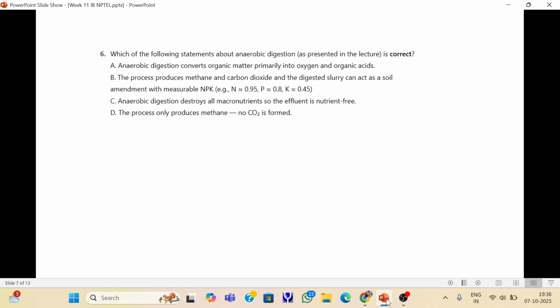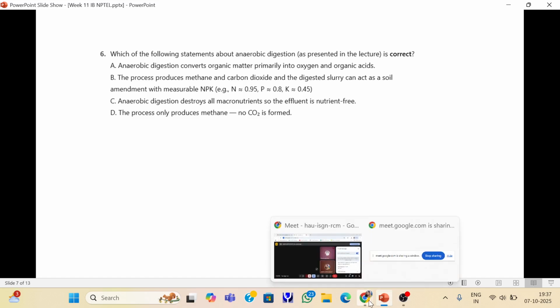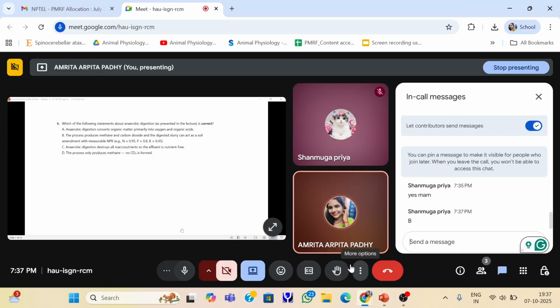C. Anaerobic digestion destroys all macronutrients, so the effluent is nutrient free. D. The process only produces methane, no carbon dioxide is formed. That is the question. Okay, read the question properly. Answer it.